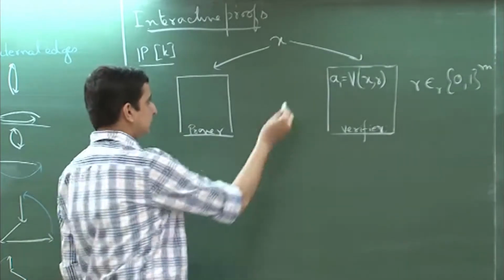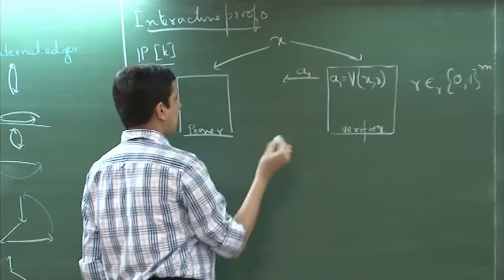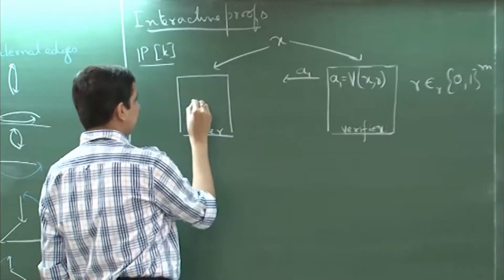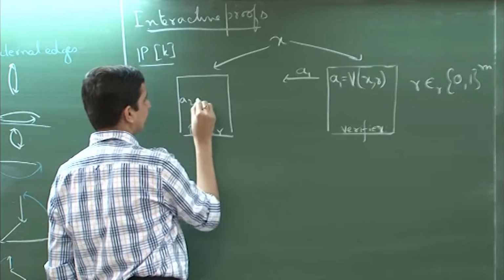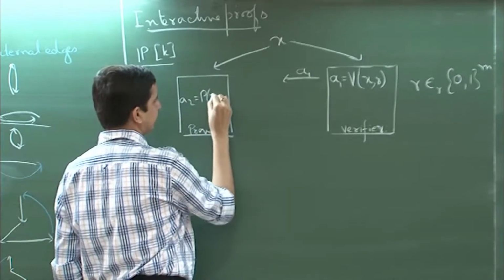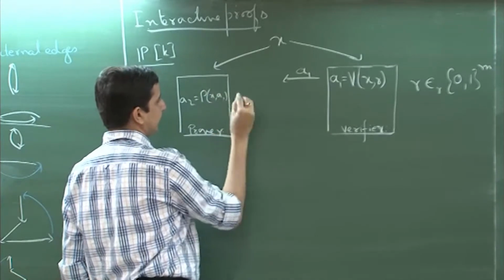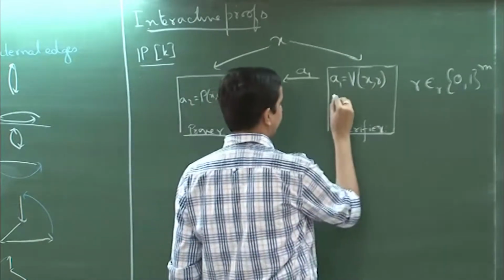Okay. So, the verifier sends its message to the prover. Now, the prover computes A2, which is P of x comma A1, and sends it to the verifier.